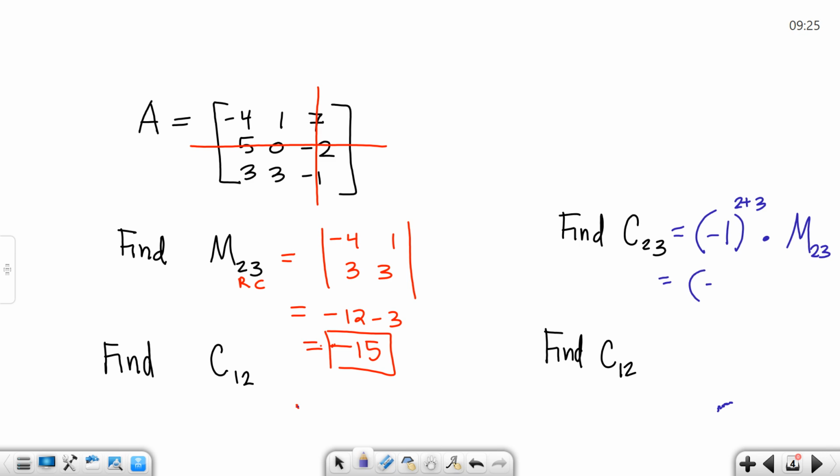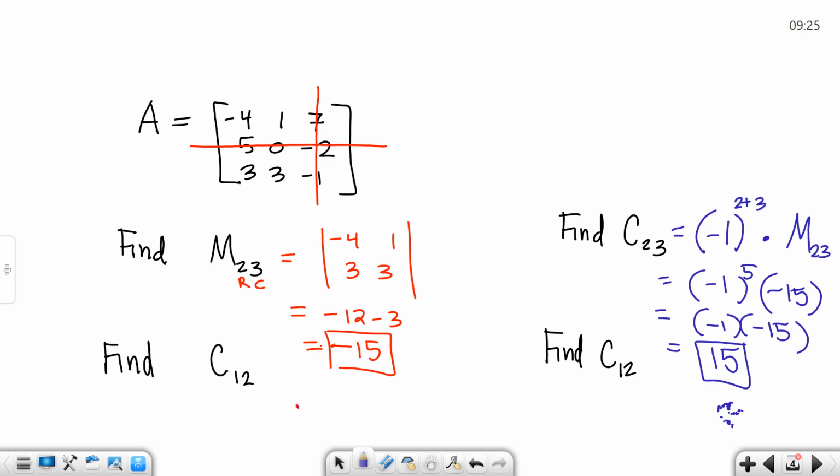So this is going to be negative 1 to the 5 times negative 15. What's negative 1 to the 5? Negative 1. So negative 1 times negative 15 would be a positive 15.